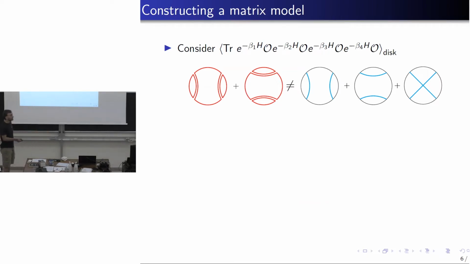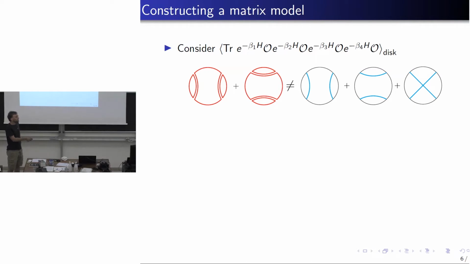Now what does the matrix model say? Again, we have 4 O insertions that correspond to these 4 double lines that come out to the red boundary circle. Again, we have to do a Gaussian integral, and there would be 3 Wick contractions, except we're only working at the level of the disk. This means that we can only include planar diagrams, and the only planar diagrams we can draw are the ones shown here.